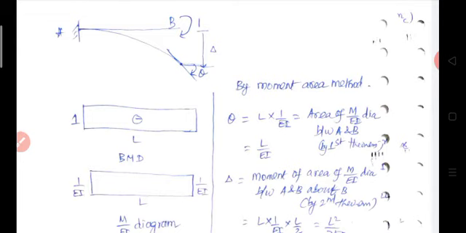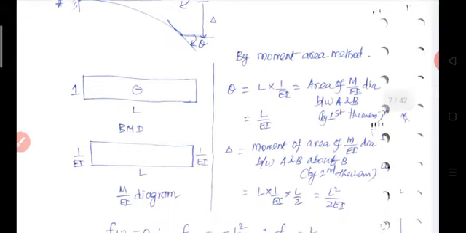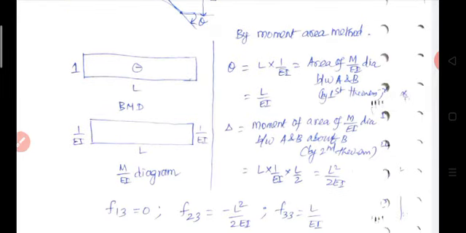From the standard formula, for a cantilever beam subjected to a couple at the free end, the slope theta is equal to ML by EI and delta is equal to ML square by 2EI. Put M equal to 1. So theta is equal to L by EI, and delta is equal to L square by 2EI. Or you may use the moment area method to find theta and delta.